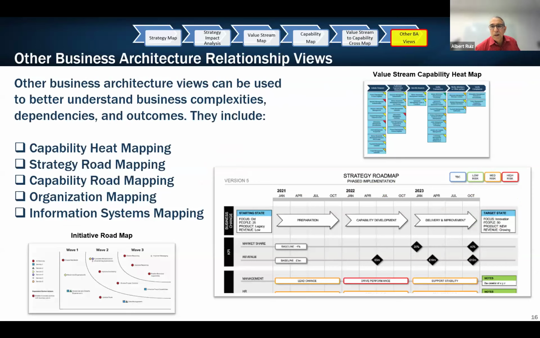Next slide. On the upper right-hand side, from combining the value stream with the capabilities, we can work with the business to determine the capability that's assessed.